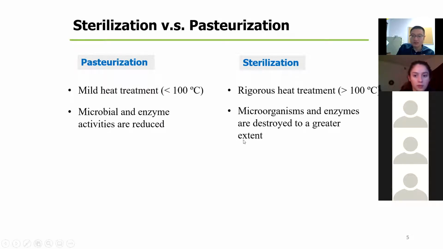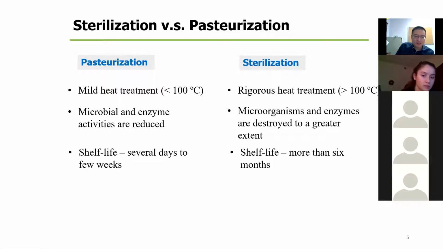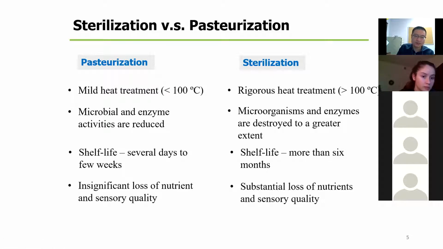But in sterilization, we want to destroy them in a much greater way, almost everything. And that's why sterilization can last for more than 6 months, but only a few days to a few weeks for pasteurization.